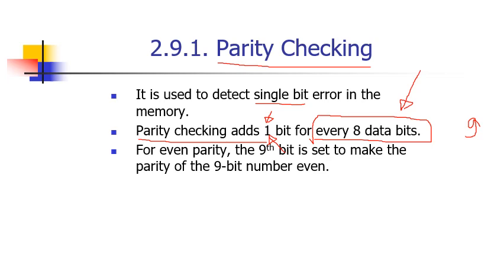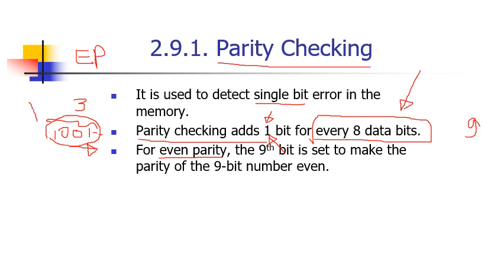And we have two types of parity. Even parity, which means the total number of ones in your message should be even. So you have a single byte containing a certain number of ones. Let's say this number of ones in your original byte is odd, 3 ones, and you are using even parity.